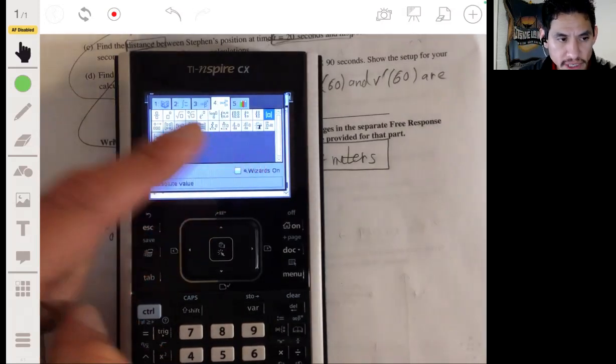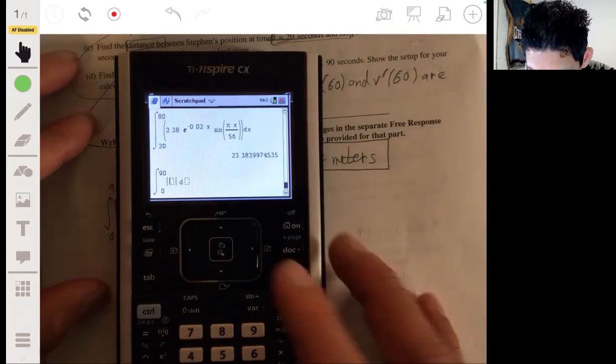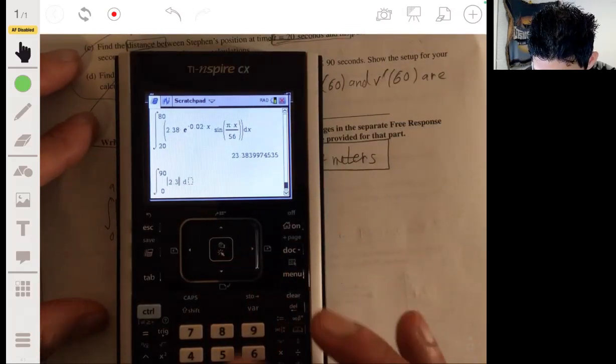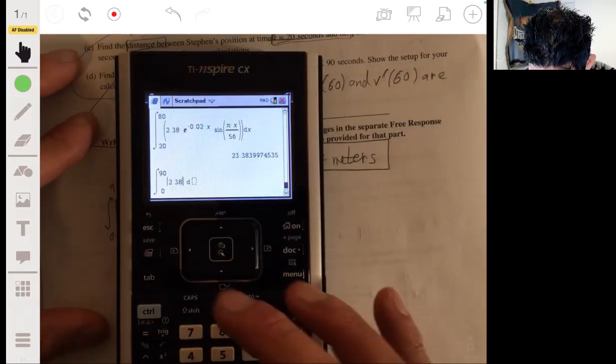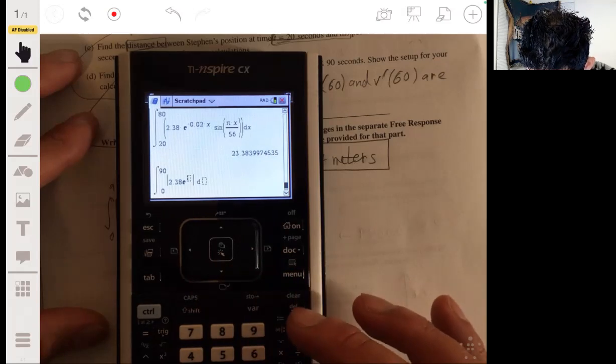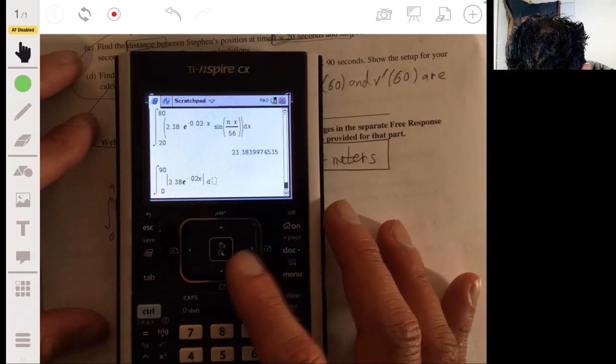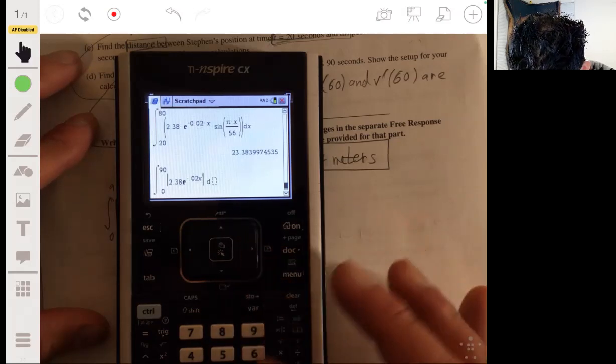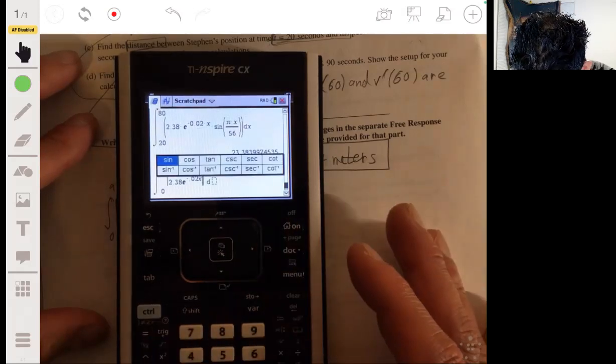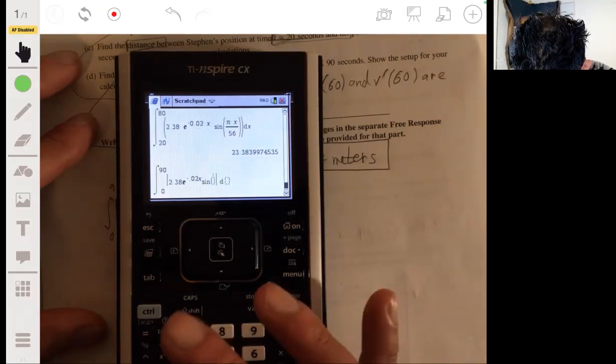And this absolute value sign is what's going to be the key to solving this problem here. 2.38 e to the negative 0.02x times sine of pi x over 6.